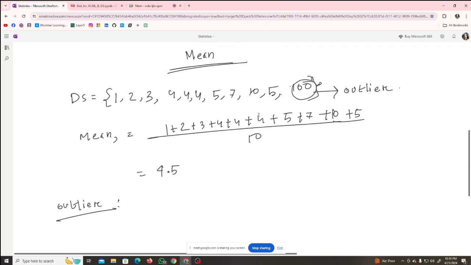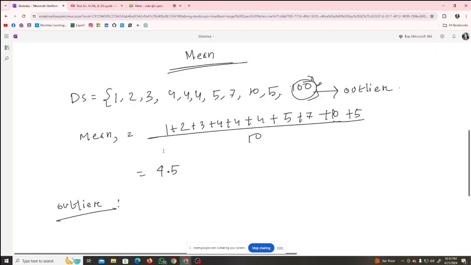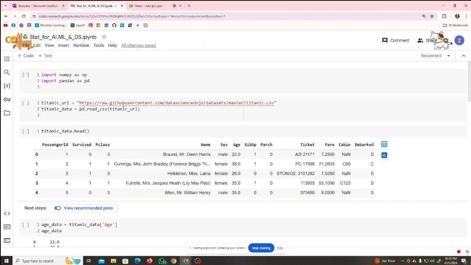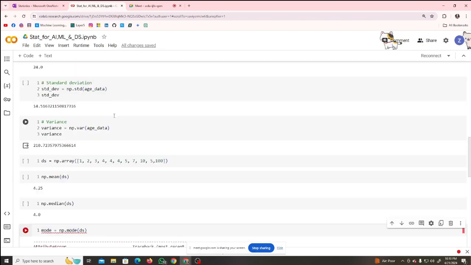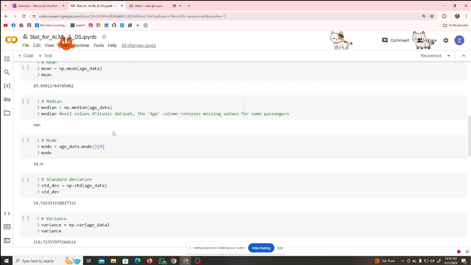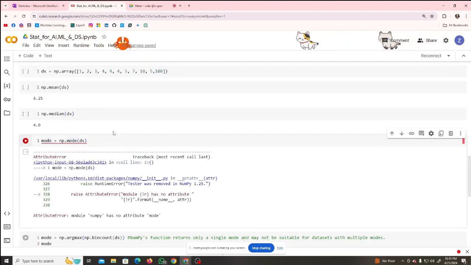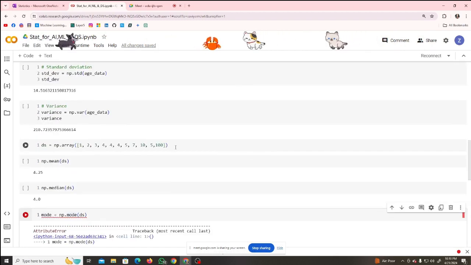Sure. So let me just show you how we can get the mean using Python. Suppose, okay, this is our dataset, right? That we just have calculated.